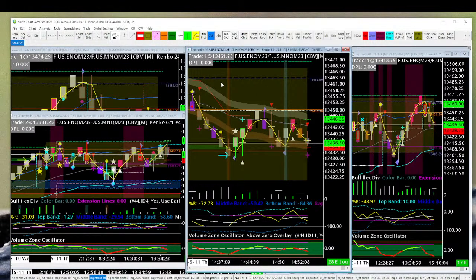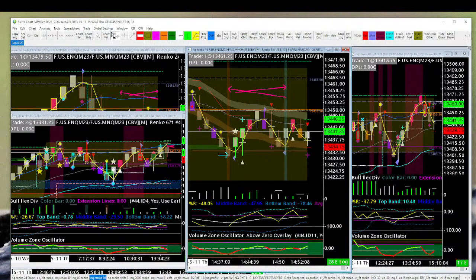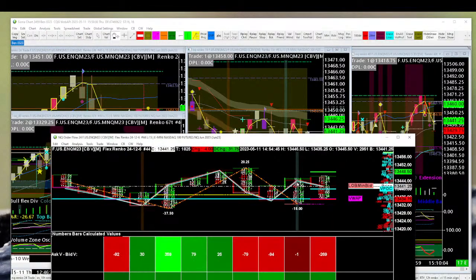So for instance, these background colors here are based on delta divergence on a separate chart. Those are technically susceptible to flashing on and then turning back off again until that other chart has a closed bar. On another screen, I have that so I can see that it's closed.